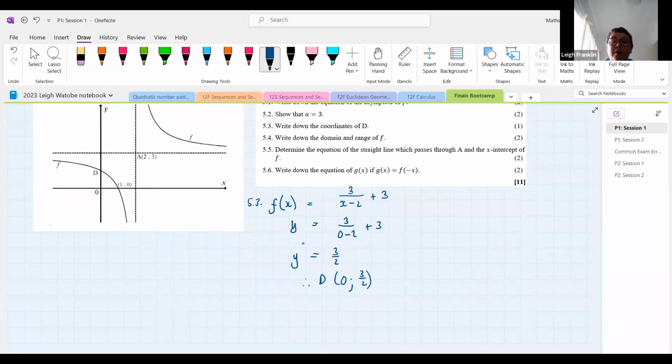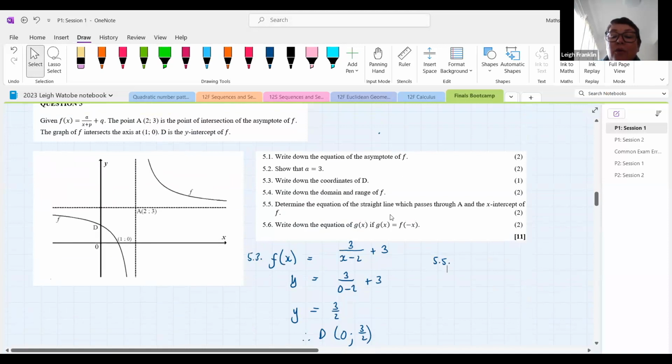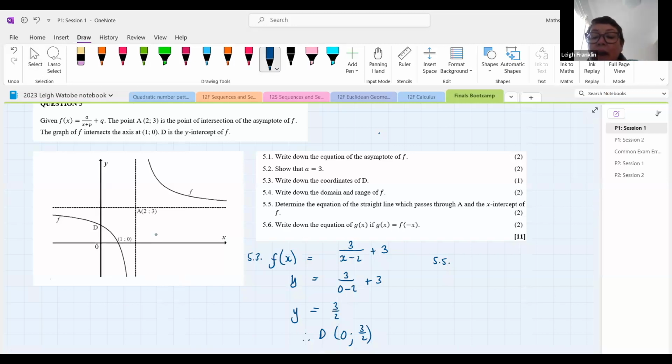Okay, let's move on. Question 5.5, there was also a question about this. It is the equation of the straight line which passes through A and the x-intercept. So you can work out the gradient of that line by subbing into the gradient formula, change in y over change in x. So 3 minus 0 over 2 minus 1.